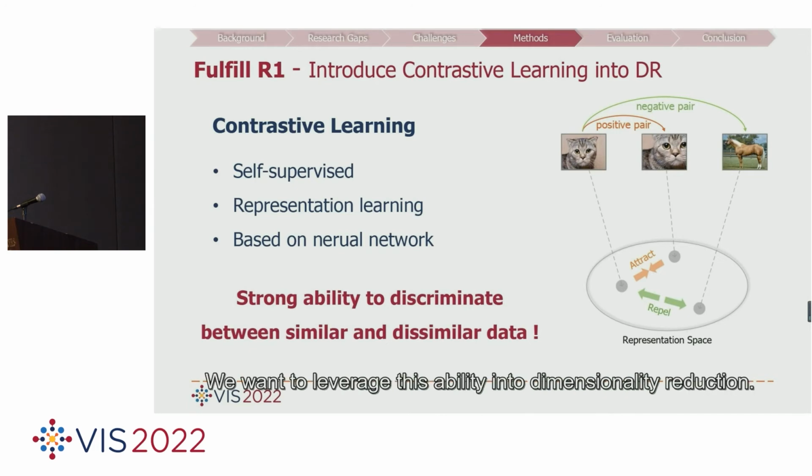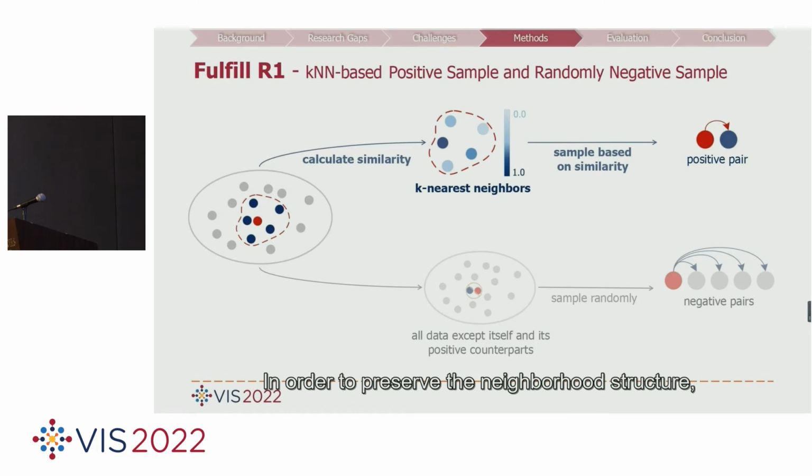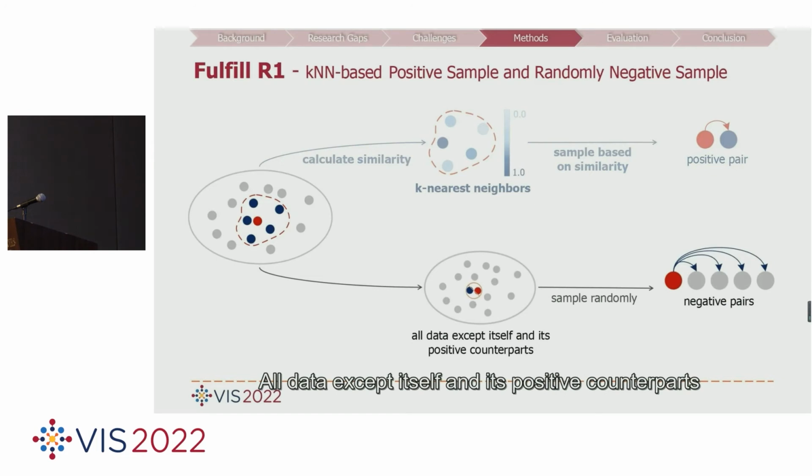We want to leverage this ability in dimensionality reduction. In order to preserve the neighborhood structure, we construct positive pairs based on the k-nearest neighbors. For each point, we sample one point from its k-nearest neighbors based on the neighbor similarity to construct a positive pair. All data except itself and its positive counterparts are considered as negatives. We randomly sample from them to construct negative pairs.